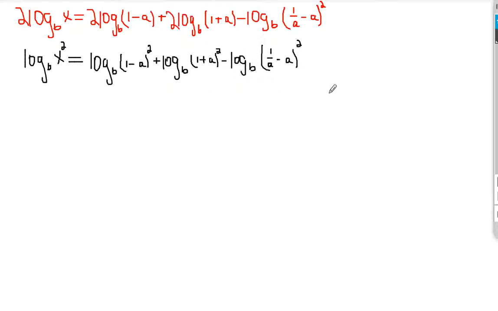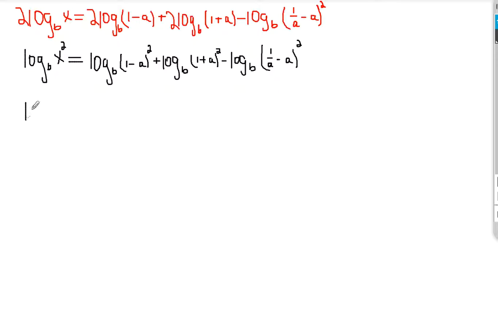So now that we have it rewritten, what we can do here is, because on the right side of this equation, we can actually combine all 3 of these logs. Now, in order to sort of dissect this a little bit, you should look at it as combining these 2 first into 1 log, and then combining it with the 3rd log.